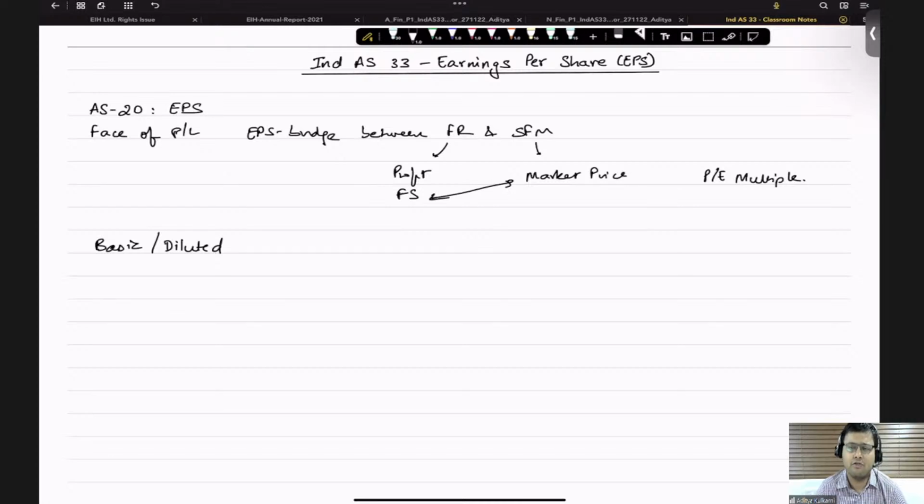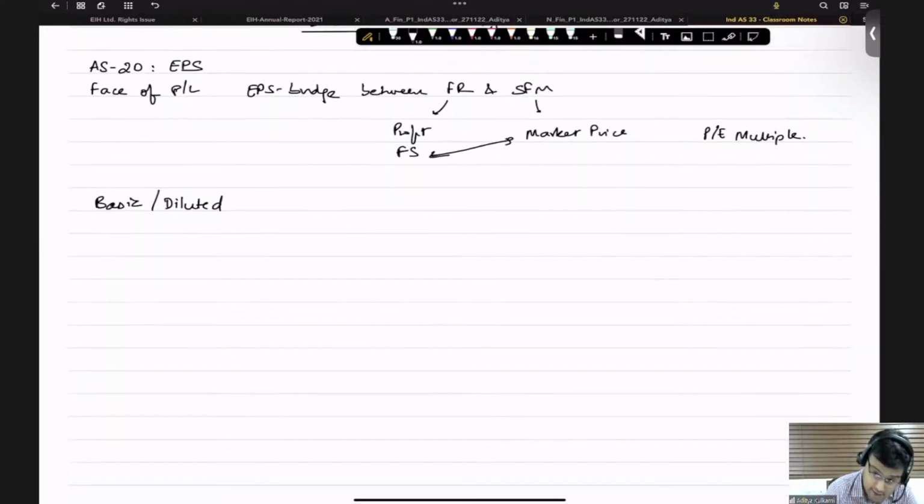तो थोड़ा सा sophisticated language में अगर बात करें, then earnings per share is calculated from the perspective of those shares which are subordinate to all other shares present in the capital structure. So बहुत अंग्रेजी हो गया, थोड़ा सा simple.